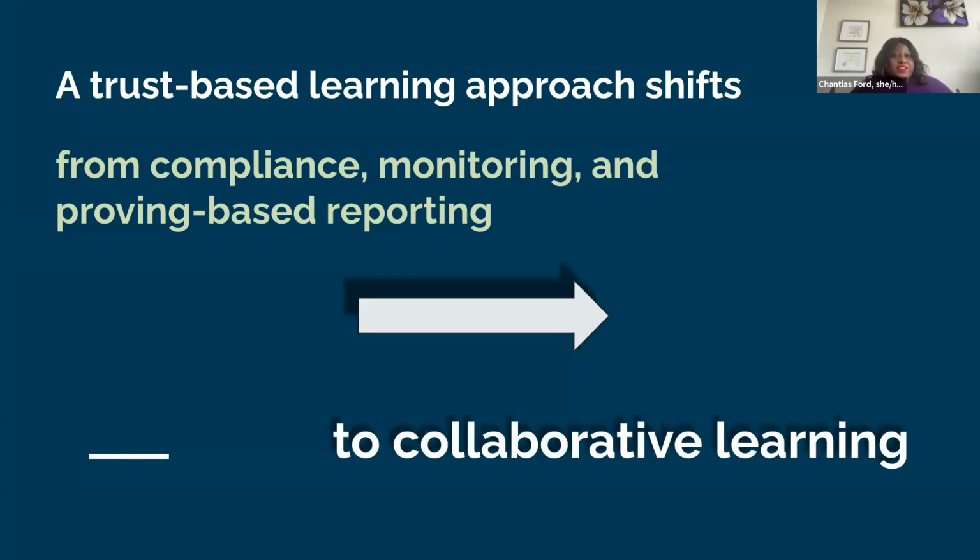So a trust-based learning approach really shifts from that compliance, monitoring, and proving-based reporting, where you make your grantees prove what they've done, how they've done it, what it looks like. It shifts from that mindset and way of operating to collaborative learning, learning about barriers and accelerators to advancing impact.